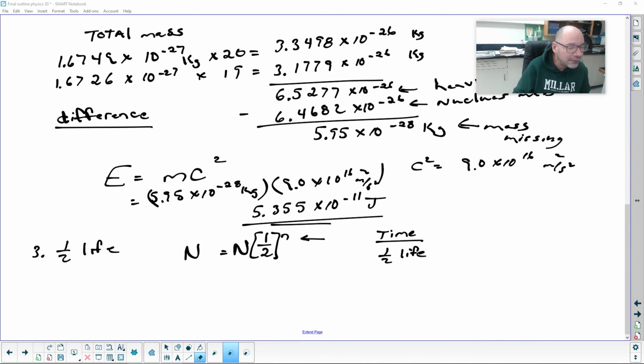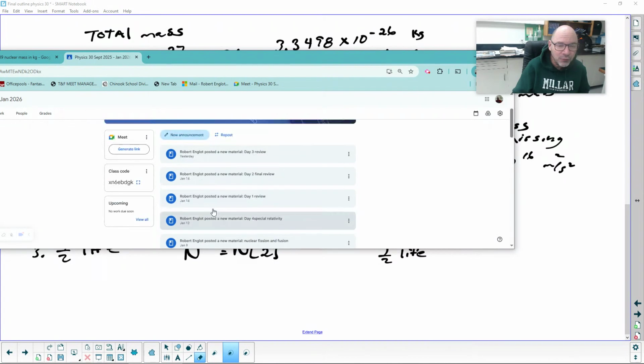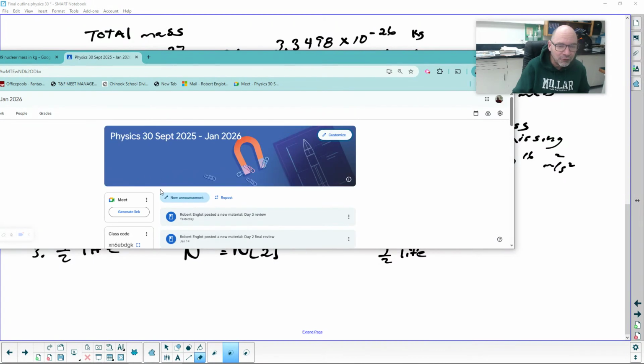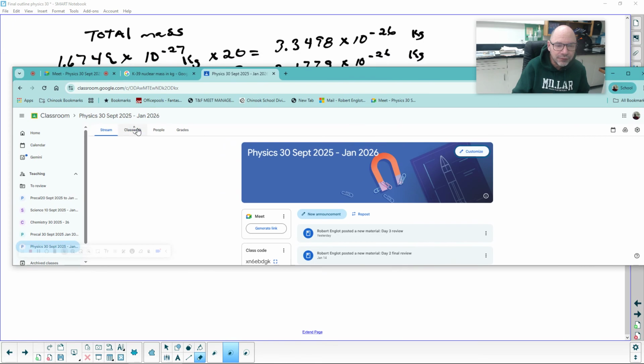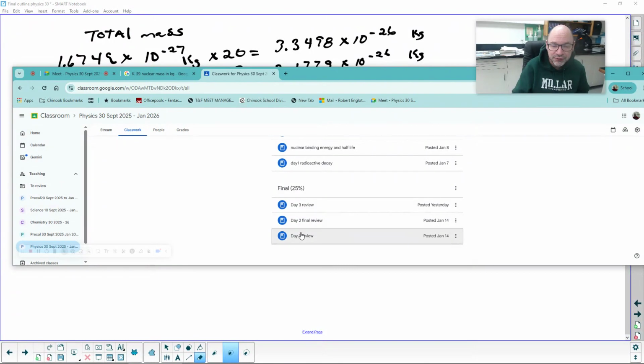According to our equation, if we look back in our modern physics notes, just to remind ourselves so we don't get it backwards.